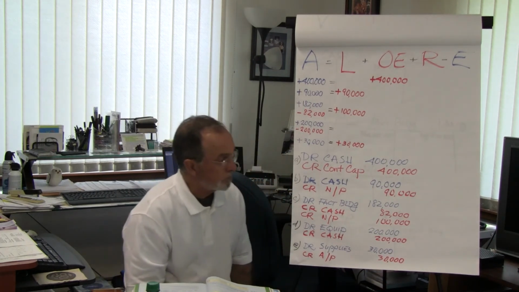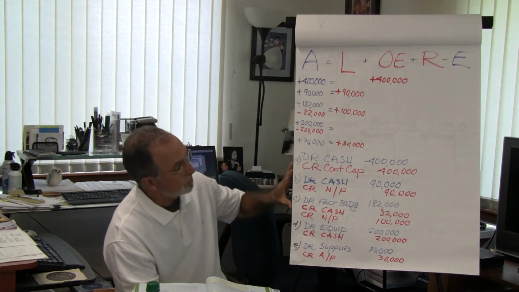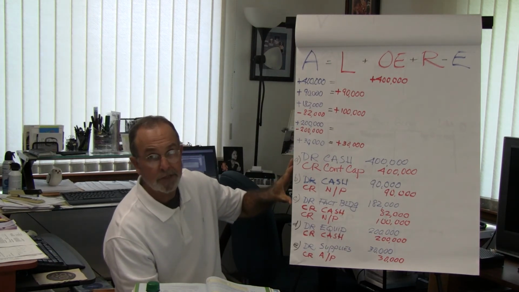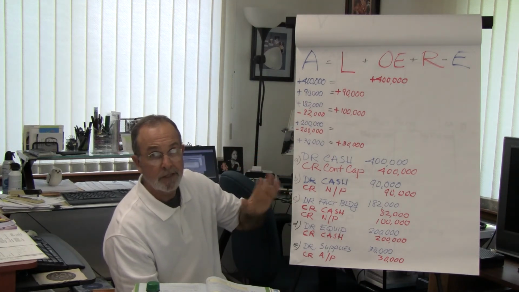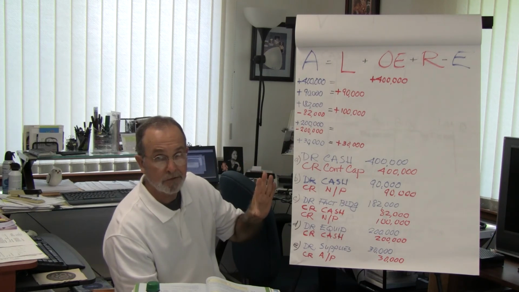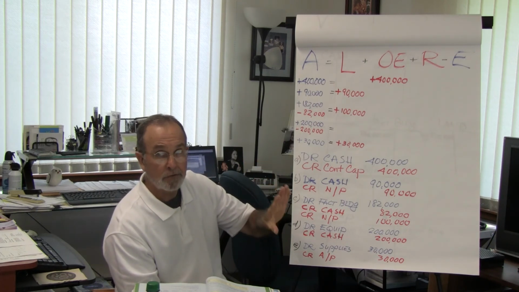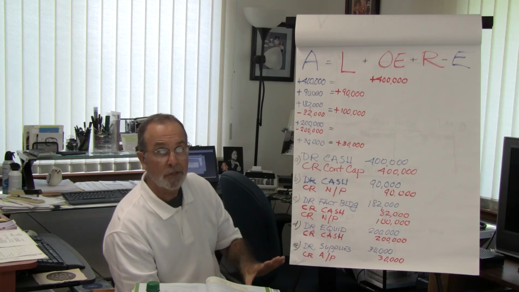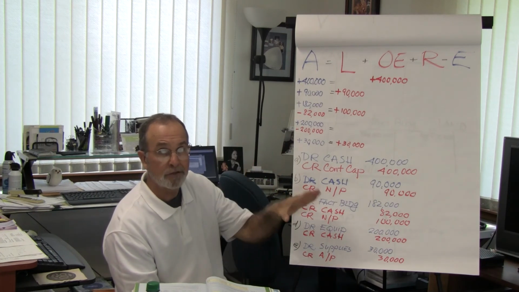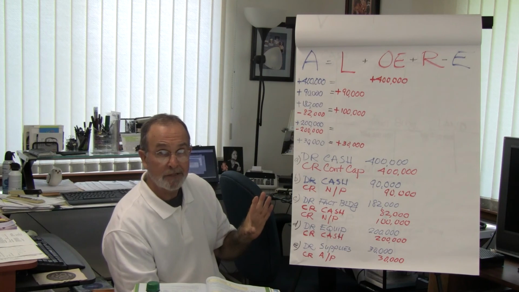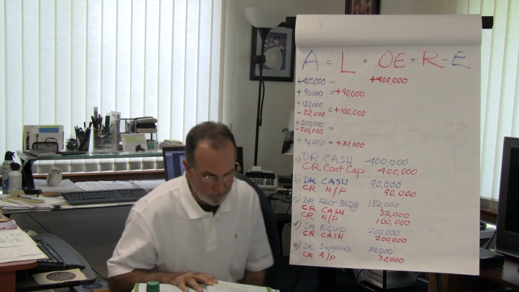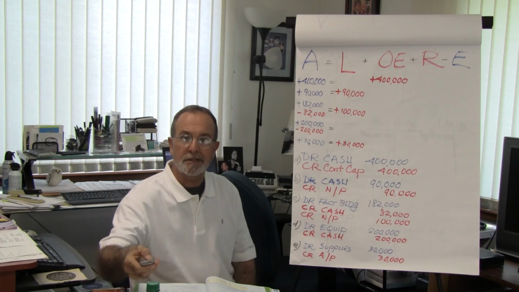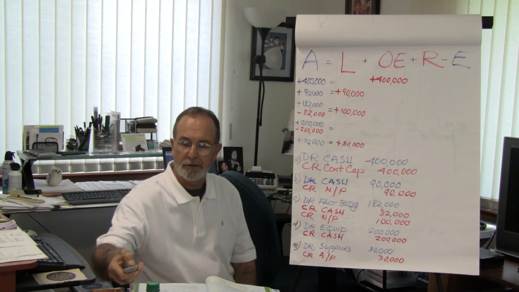So each transaction is recorded in the journal format using debits and credits. Debits recorded on the left, credits recorded on the right. And for each and every transaction, the debit total, the left side total, and the credit total, the right side total, must be equal. Left side equals right side, debits equal credits. Now, I think we need to break this again for a third segment.